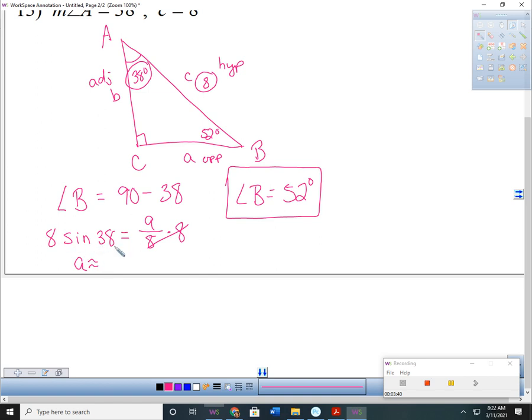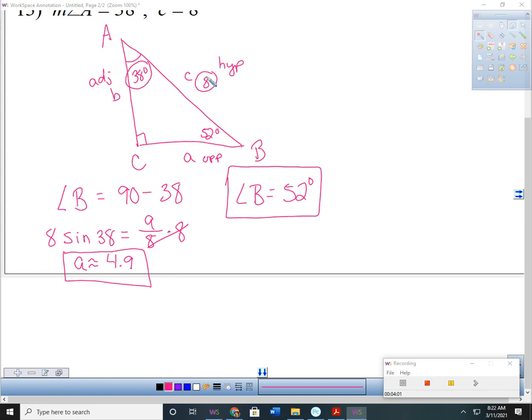And you plug in 8 sine 38, and you get 4.9. Did you guys have this part right? Yeah. Okay.